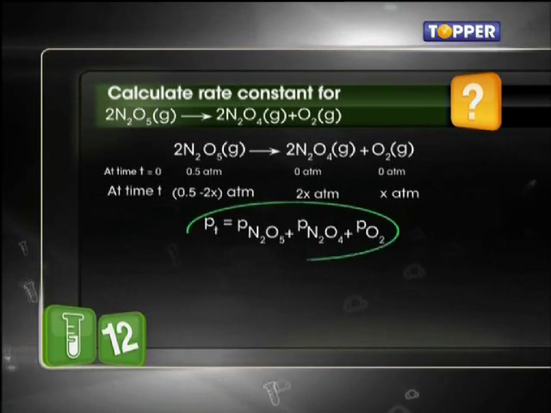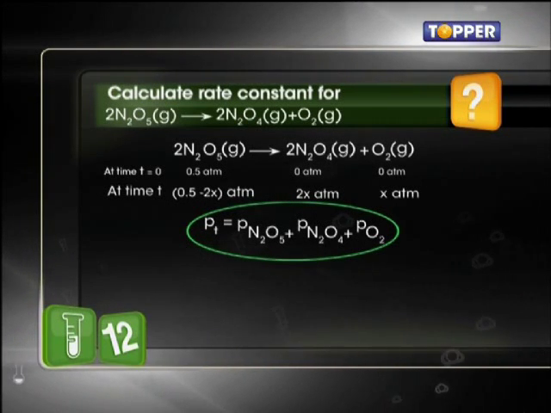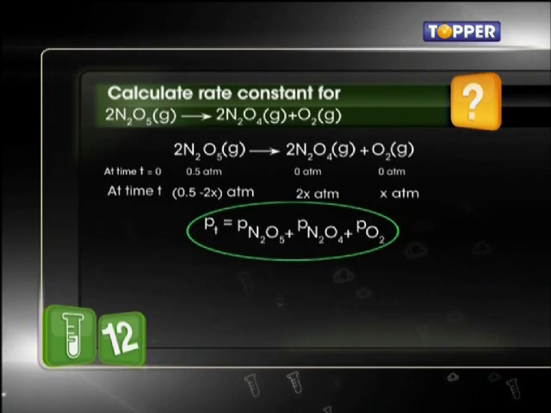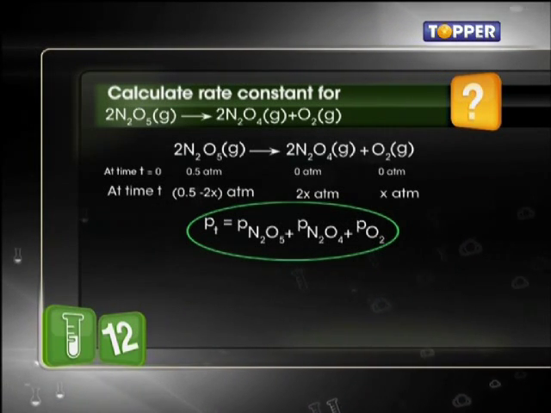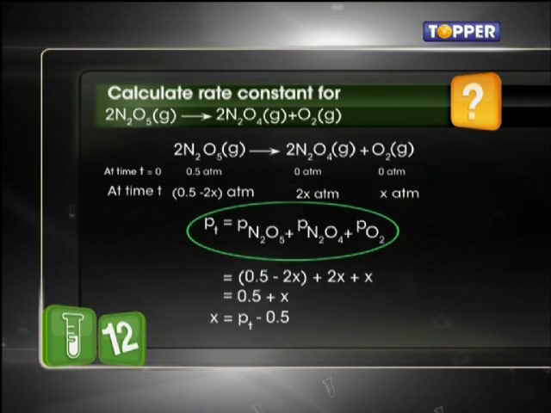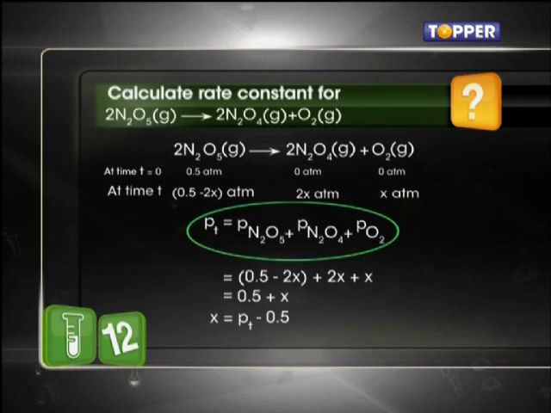The total pressure is equal to the pressure of N2O5 plus the pressure of N2O4 plus the pressure of O2. This comes out to be 0.5 plus x.